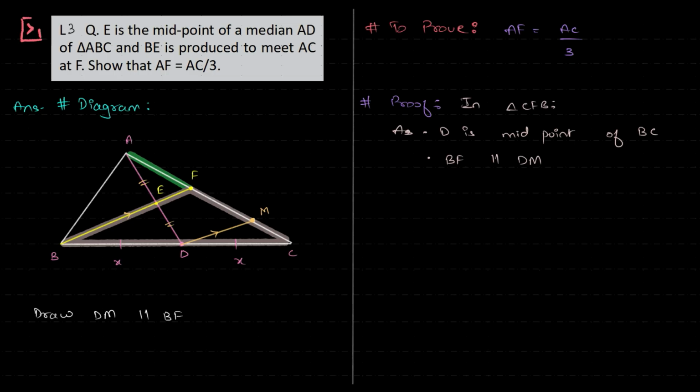So with this, what can we infer? With this, we can infer that M is midpoint of the third side, FC. This is because of the converse of midpoint theorem.